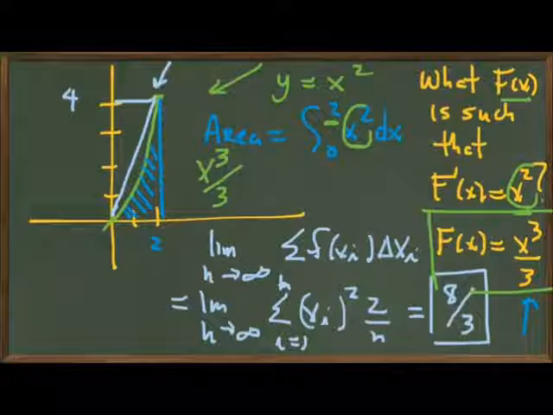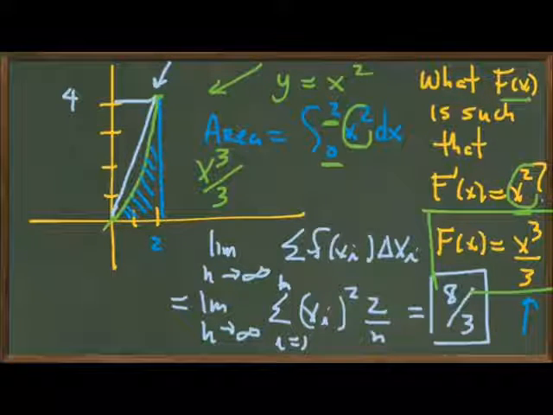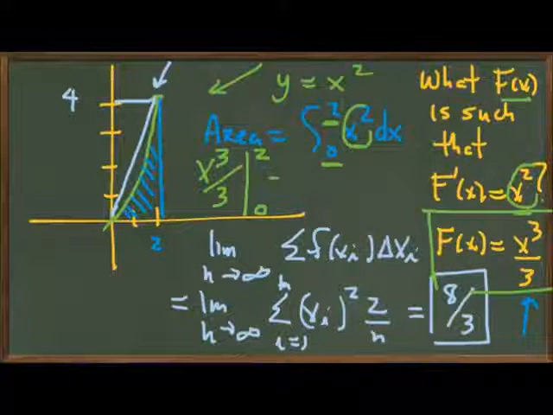This is our b, and next we plug in this, our a. The way we designate that is to draw a vertical line and put a 0 here and a 2 here.